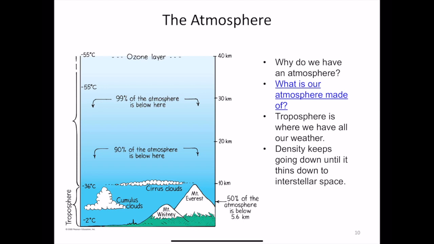The oxygen is 21% of the atmosphere. That leaves about 1%, and that remaining 1% is mostly argon. And then there are trace amounts of other gases like carbon dioxide, water vapor, methane, and so on. Okay, but the atmosphere is mostly nitrogen and oxygen.